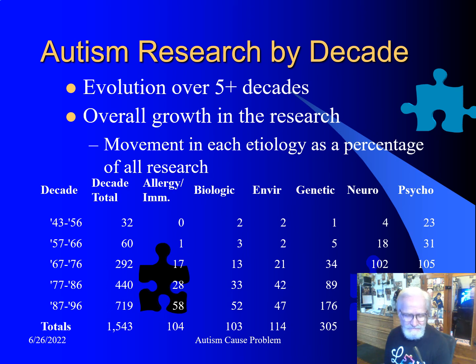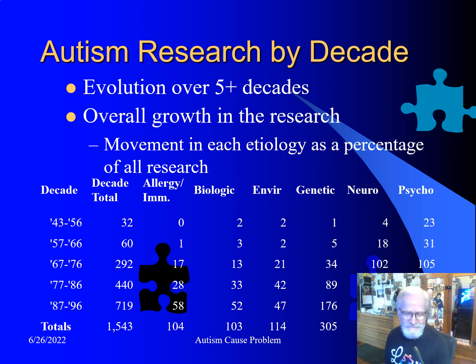This area of investigation moved ahead of psychological causations published, 116, for the first time in any decade. Only 47 environmental causations were offered, with the remaining 2 etiologies each accounting for about 8% of the decade's total as well. That is the 1987 to 1996 decade.